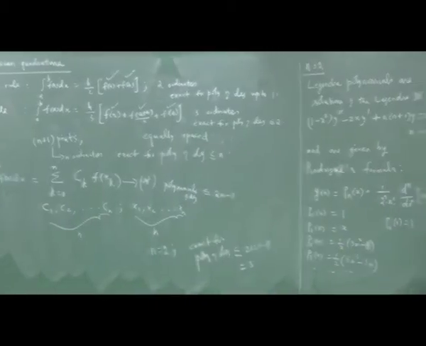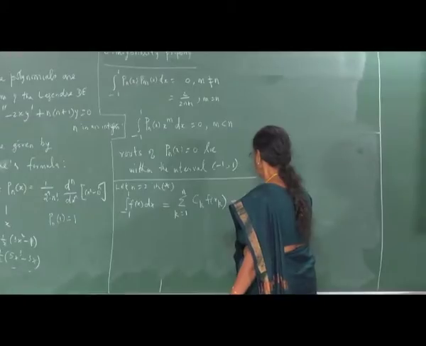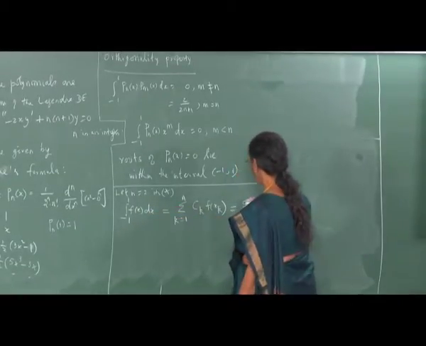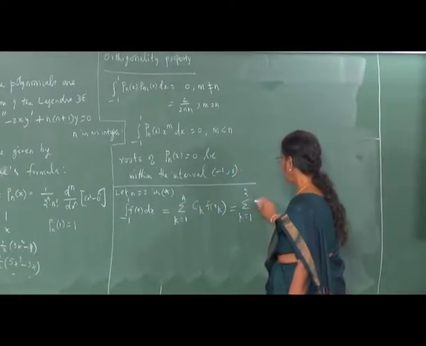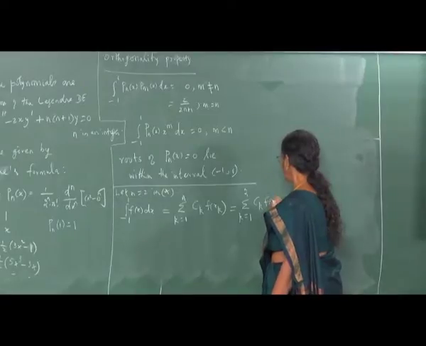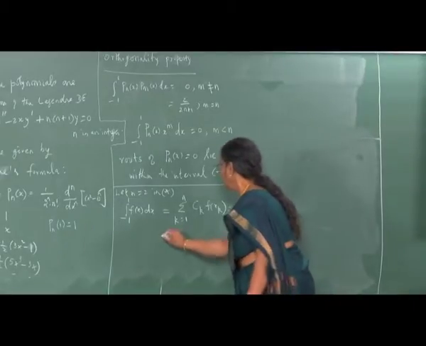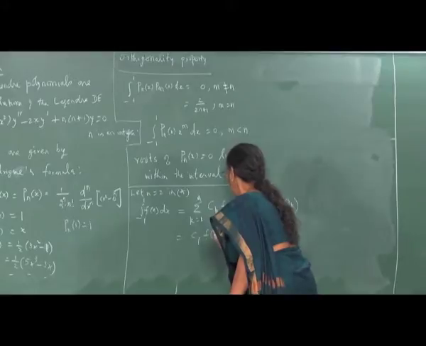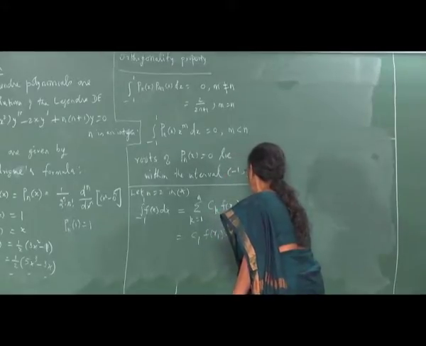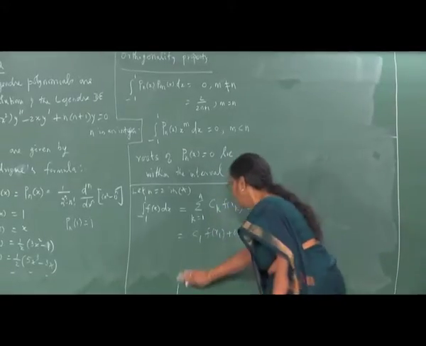So, we require a method such that integral minus 1 to 1 f of x dx is sigma k equal to 1 to 2 c k f of x k, namely c1 into f of x1 plus c2 into f of x2.